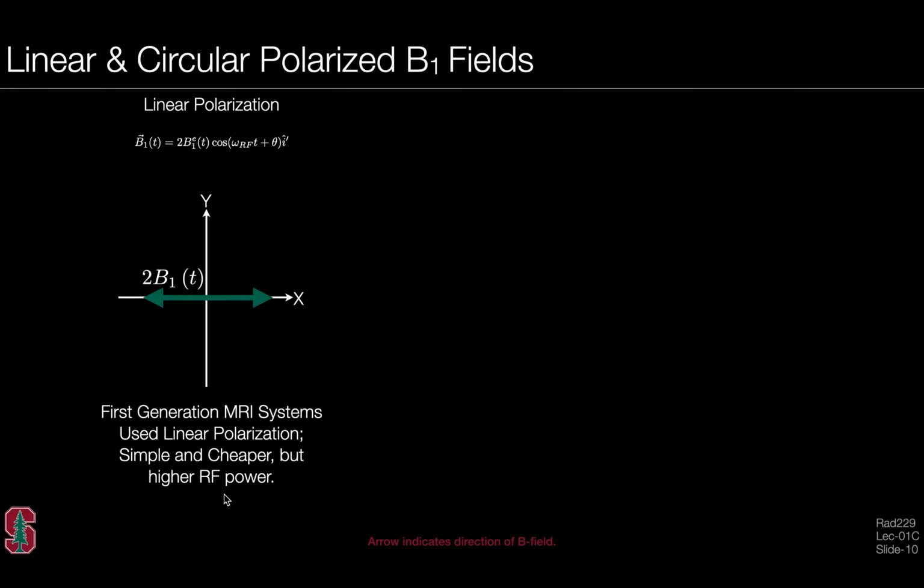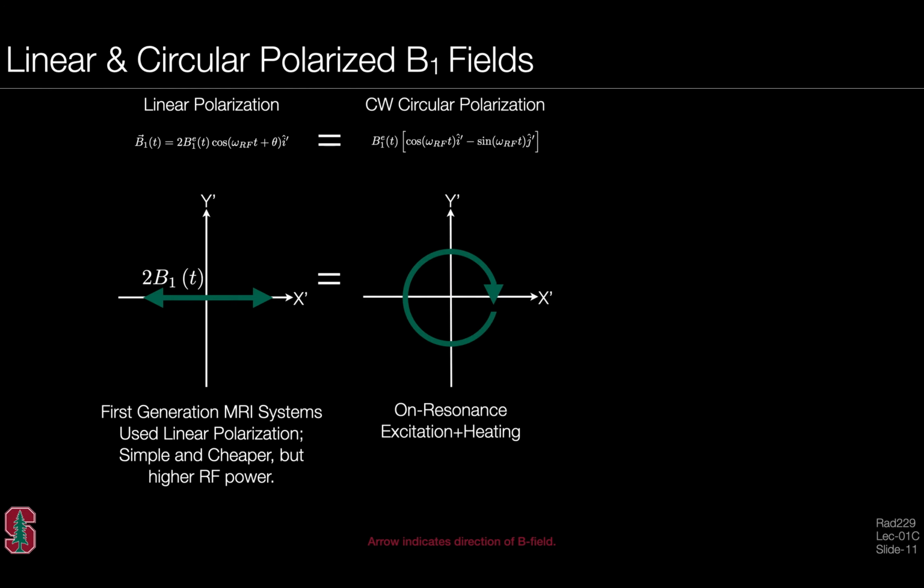So it's important to identify an approach that will allow for lower RF power, but the same engagement of the spin system. And so here, mathematically, we're just demonstrating that we could have a circularly polarized magnetic field. So in this case, an envelope function that's operating on a cosine of the RF frequency and a sine of the RF frequency.